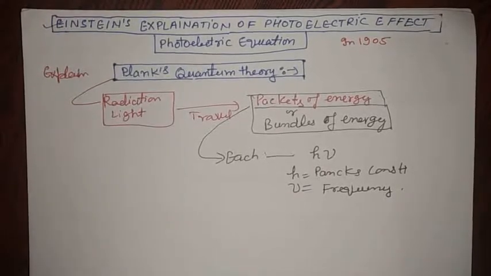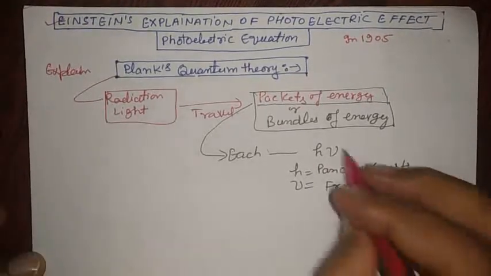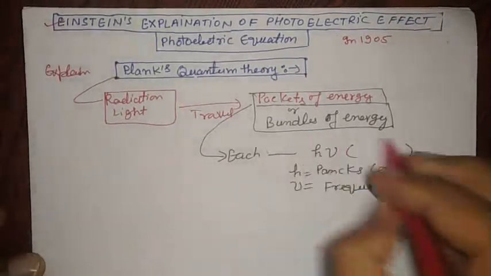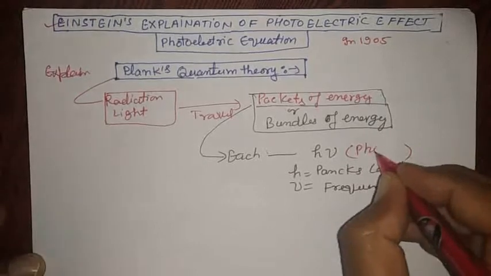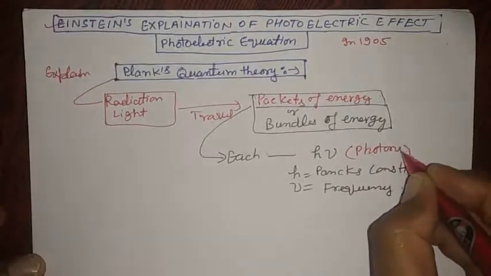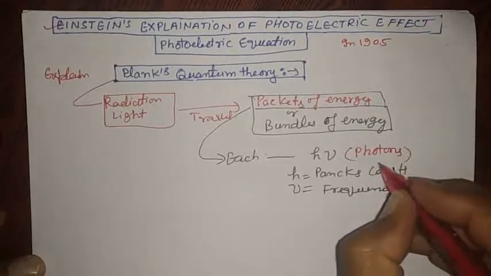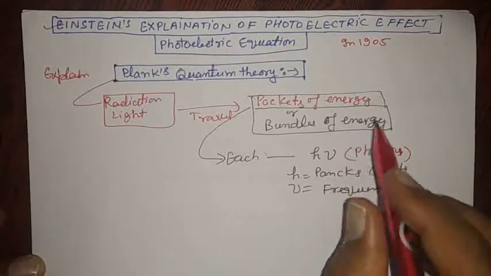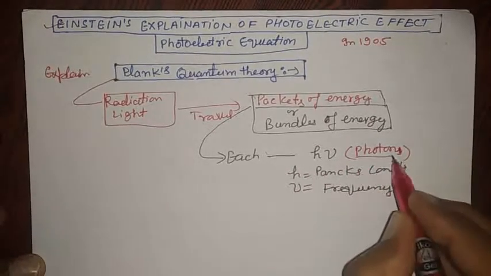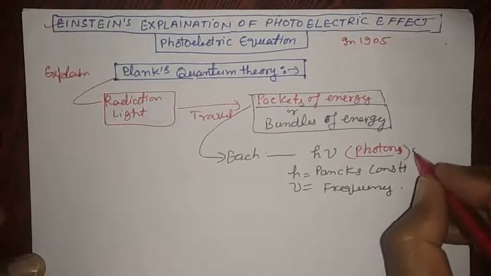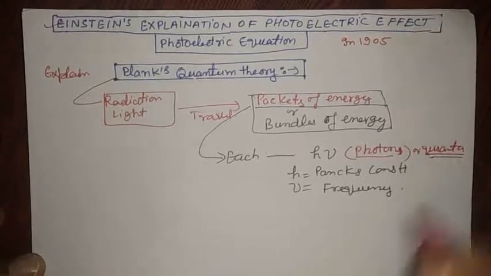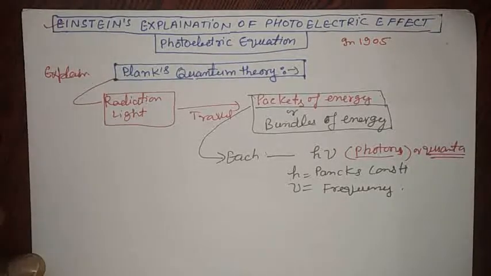frequency of oscillation. One very important thing, these packets are called photons, and the energy of an individual packet is called a photon or quanta. Sometimes it is also called by the name quanta.